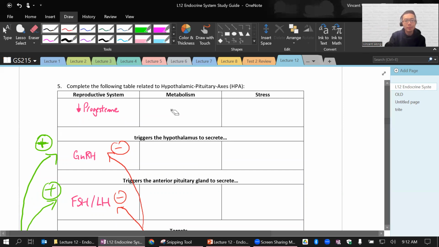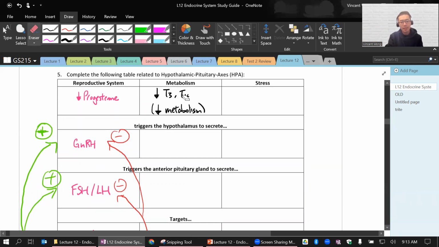So over here, this is going to be a decrease in T3 and T4. So when you don't have enough T3 and T4, it means you have low metabolism.